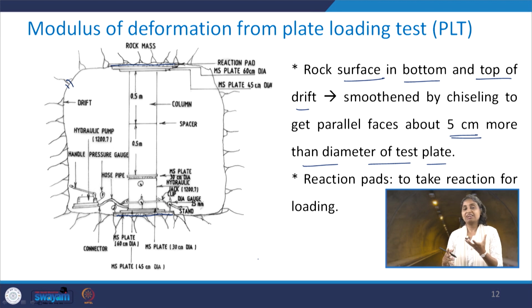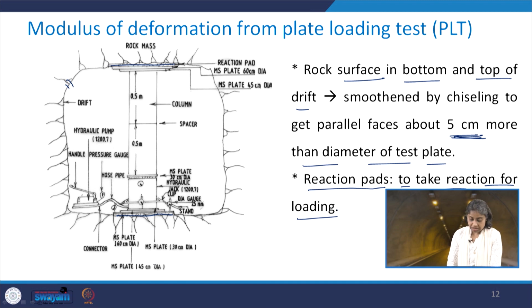So, if the test plate has, let us say, a diameter of 60 centimeter, accordingly the smoothened parallel face will have a dimension about 5 centimeter more than that. Then we need to provide the reaction pads which take the reaction for the loading.